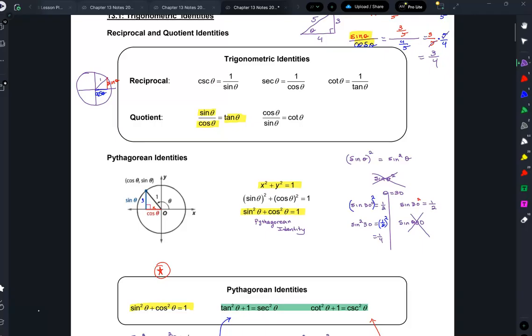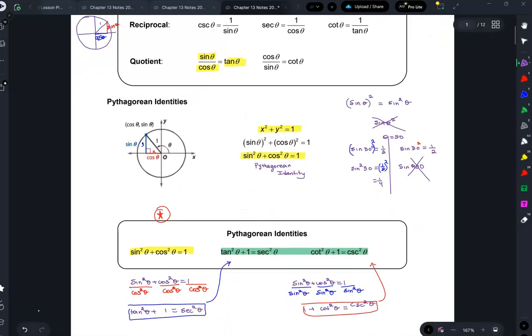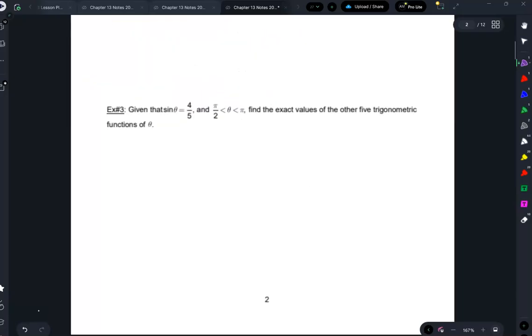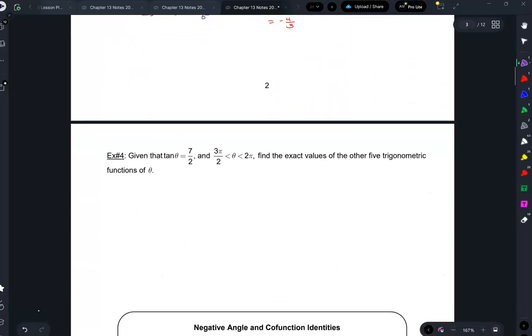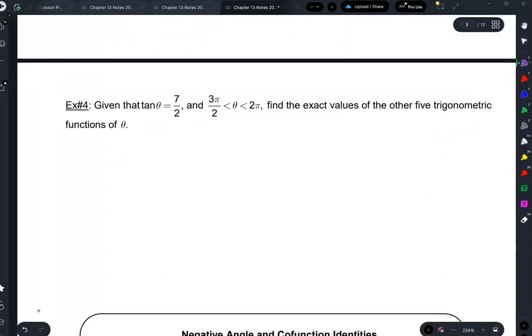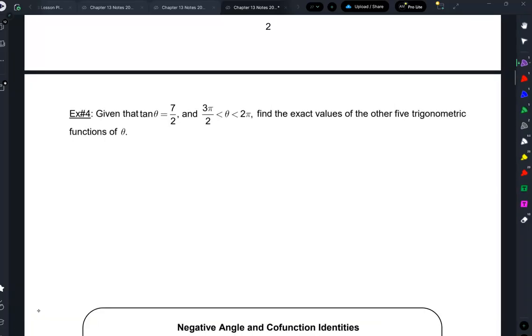And yes, by the time you take the test, you need to have these memorized; we're not going to be given these. But do we know everything in the first box? The second one, sine squared plus cosine squared equals 1. The more you do, the more you learn, right? Okay. All right. Here we go. I have tangent equal to 7 over 2.